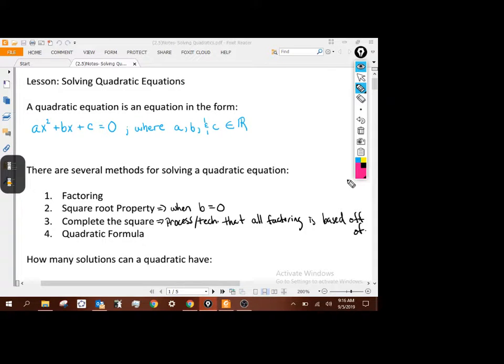Completing the square is the all-encompassing process that will always work for solving a quadratic equation, except for the fact that it's a pain in the butt. It's a long technique.